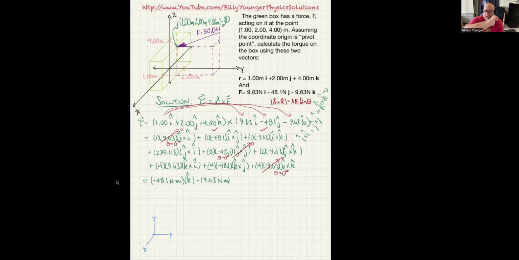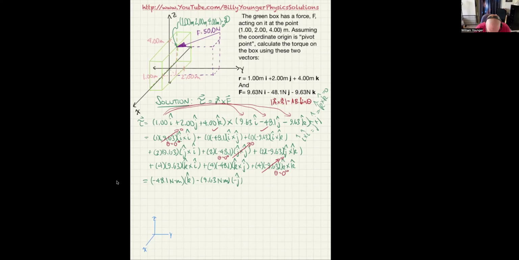Then I adjust my hand till my middle finger can point in the same direction as the second vector, the K hat. So I have to turn it like this. Now you see my index finger is pointing out of the page, my middle finger, which represents the K hat direction, is pointing straight up, and my thumb is the answer to the cross product, and it points to the left, which is the negative J hat direction. So I hat cross K hat gives me negative J hat. So I'll put in negative J hat. That took care of the second term.